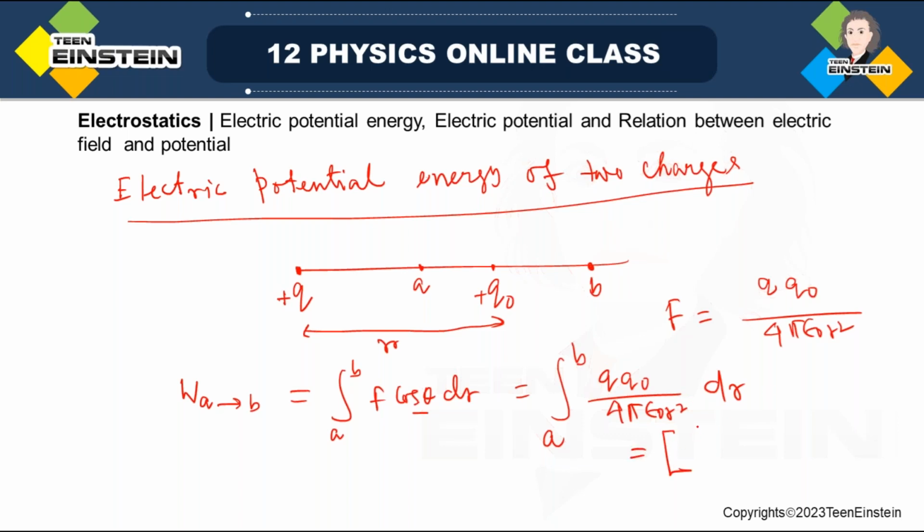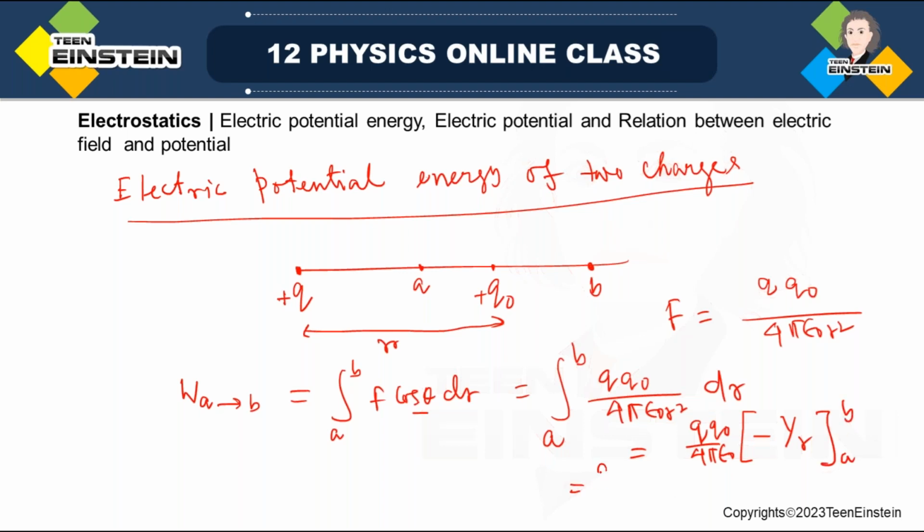we'll get q0 q by 4 pi epsilon naught. Let me keep this part outside this bracket. So this will be minus 1 by r from A to B with this limit.